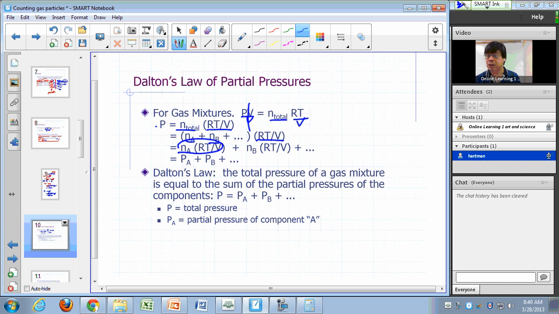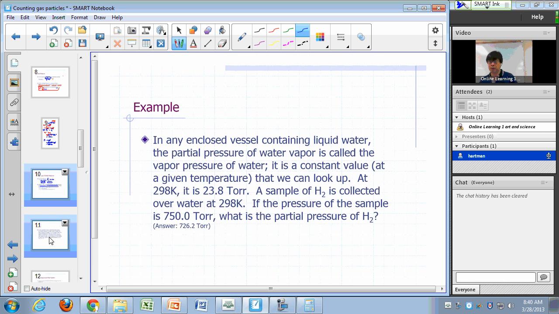This gives you partial pressure of A, N sub A times RT over V, plus partial pressure of B and so on. So the total pressure of a gas mixture is equal to the sum of the partial pressures of the components. Okay? That's Dalton's law of partial pressure.